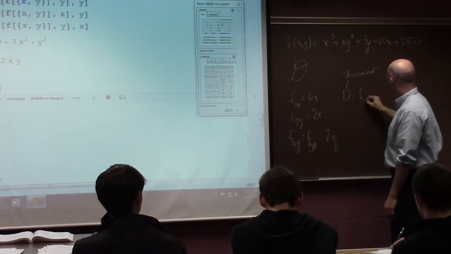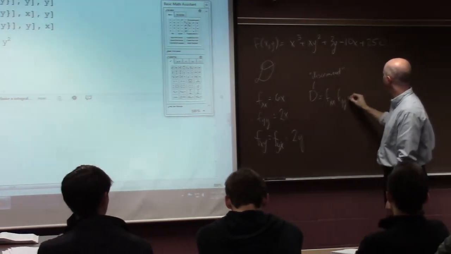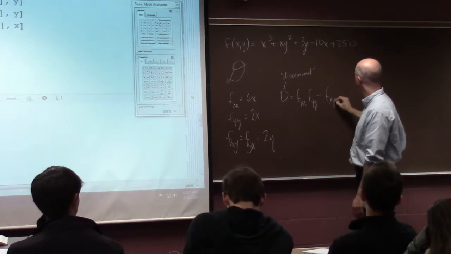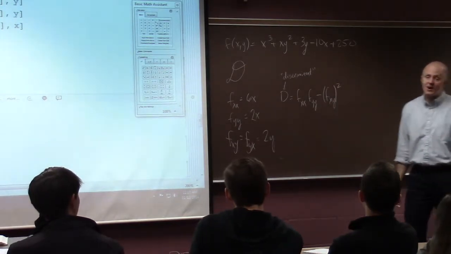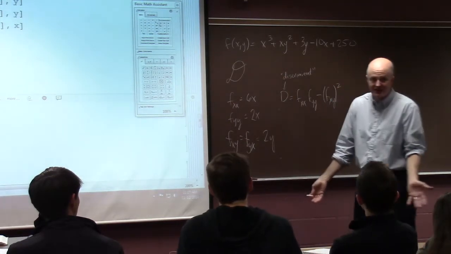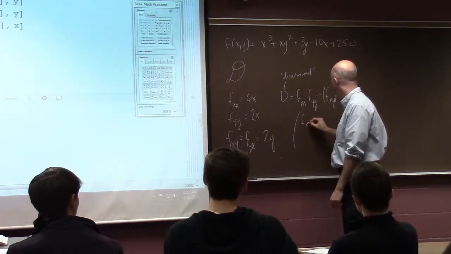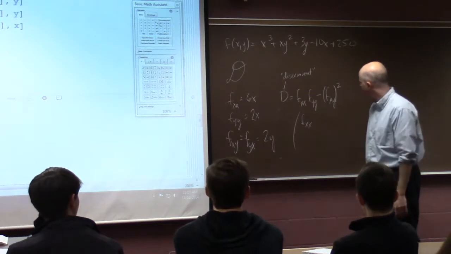It was the second partial with respect to x twice times the second partial with respect to y twice, minus the mixed partial, second partial squared. This is called the discriminant, but it actually can be called a determinant of another matrix. This is not a matrix that comes up from cross products or anything.